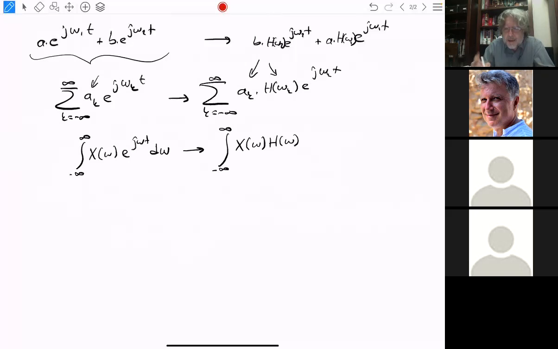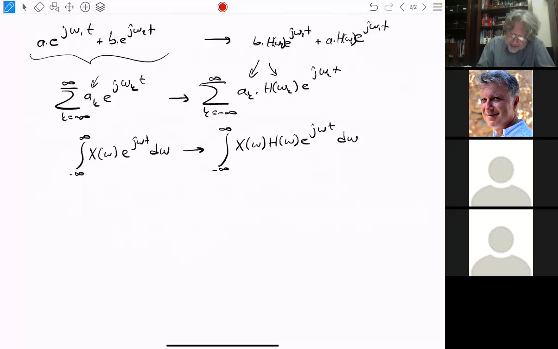The same omega, times e to the j omega t, where omega is also the same omega from minus infinity to infinity. Okay, this is the input-output relation.